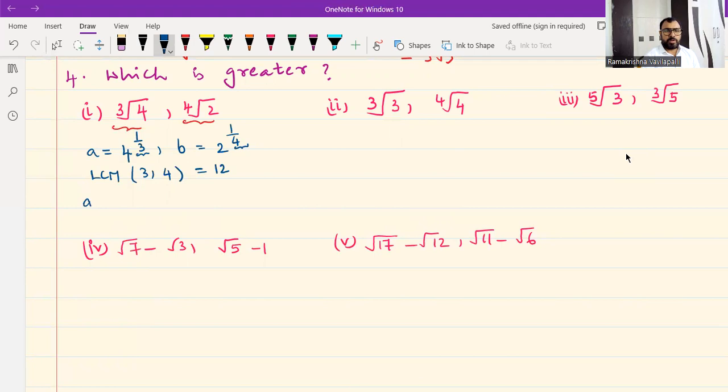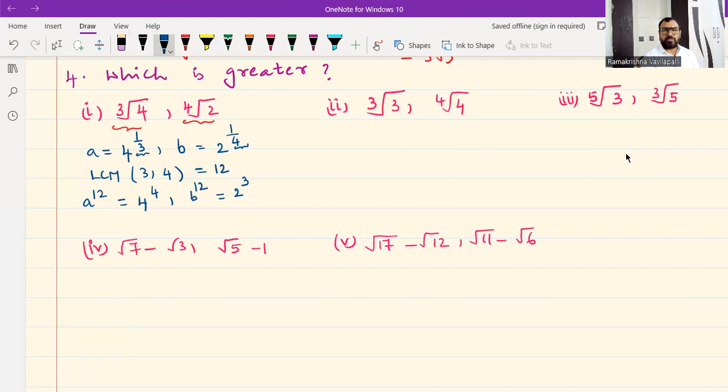So A to the power of 12 equals 4 to the power of 4, and B to the power of 12 equals 2 to the power of 3. Now you see which is greater.